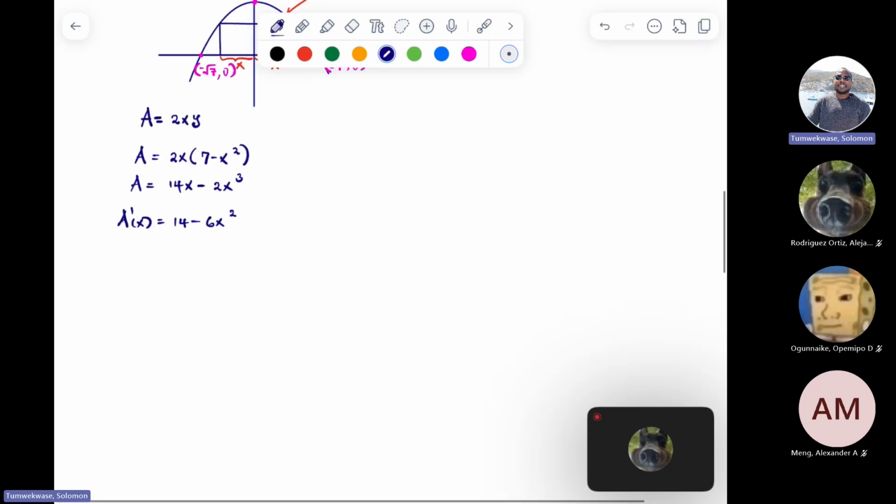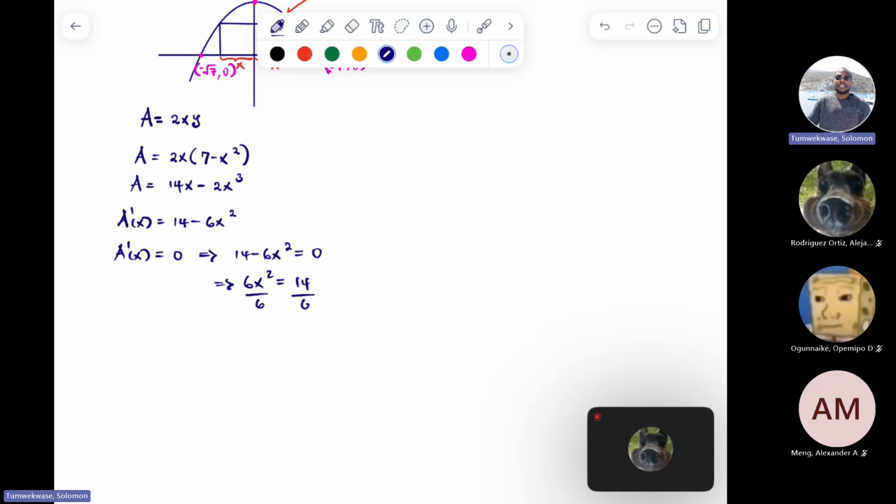We want to determine the critical points, so we want to find those values of x where this derivative is 0. So this means that 14 minus 6x squared is equal to 0, and this means 6x squared is equal to 14, divided by 6 on both sides.